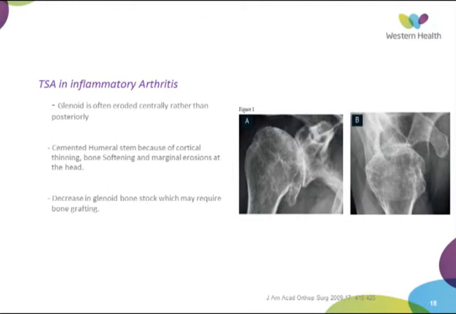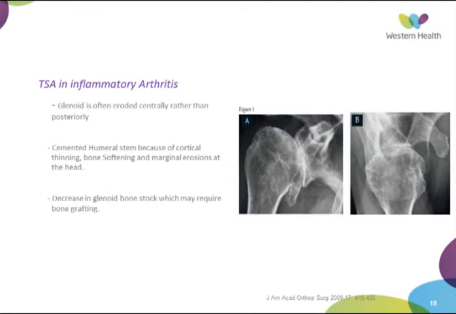Due to these changes, we may need to use a cemented prosthesis in these cases because of the cortical thinning and the softening of the bone, and also the erosions of the head. And because of the decrease in the glenoid bone stock, the use of bone graft may be needed in people with inflammatory arthritis.